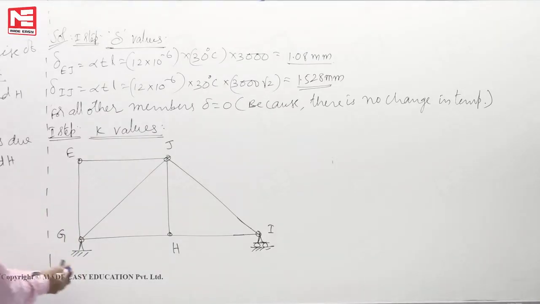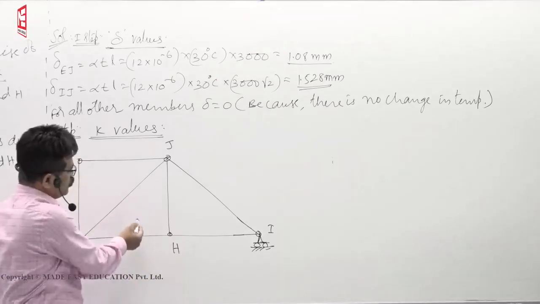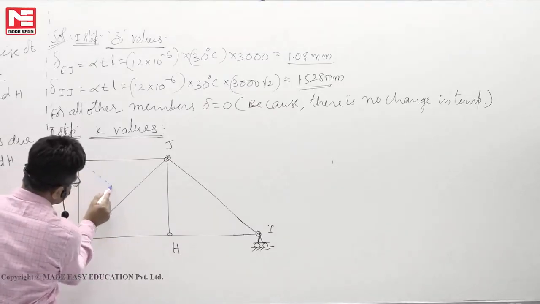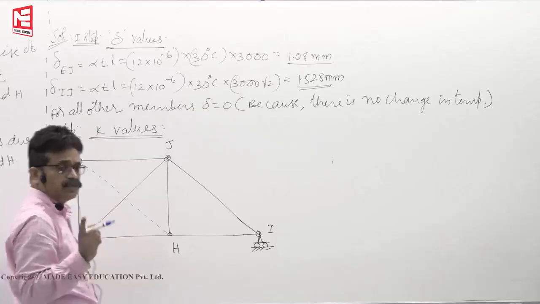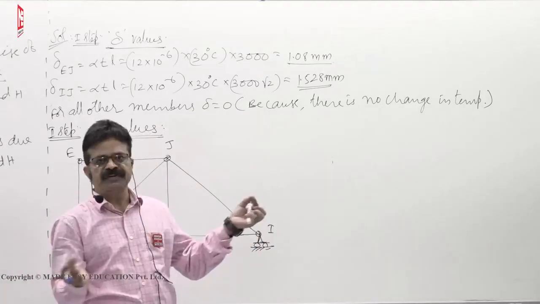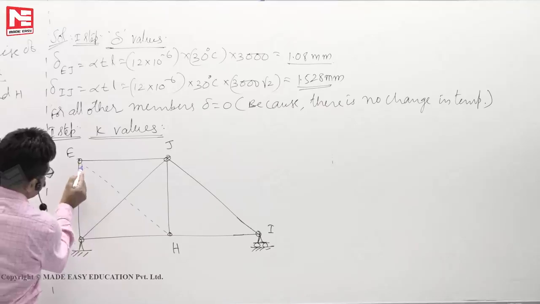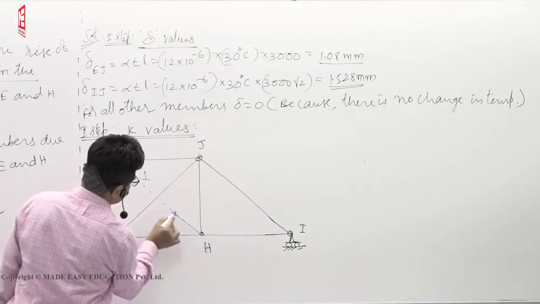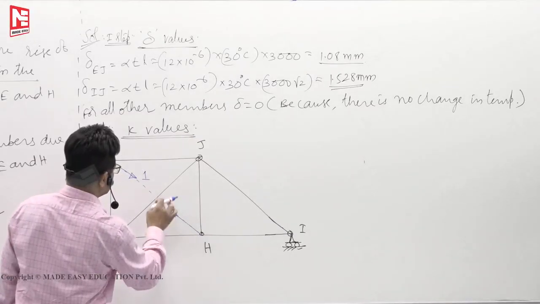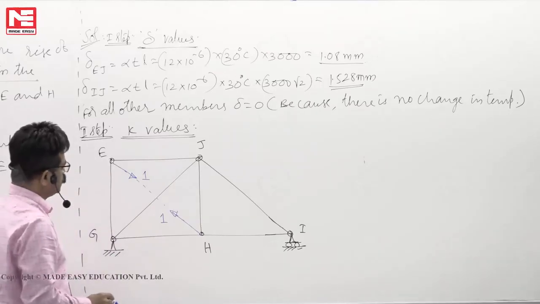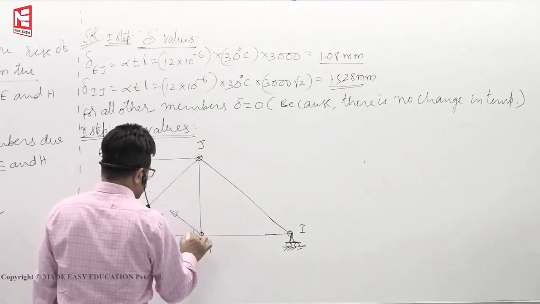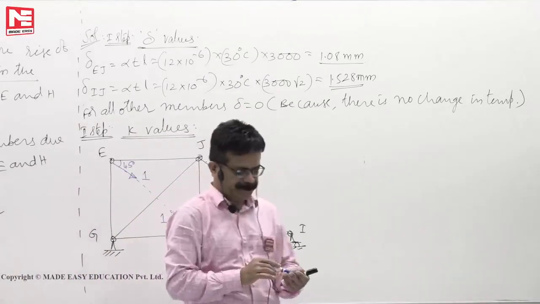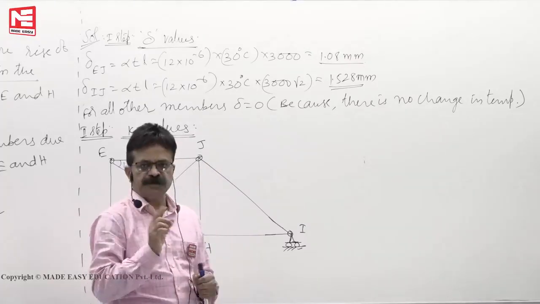Now, you should not apply only one unit load, you should apply two unit loads in the direction of E and H. Those two unit loads can be either towards each other or away from each other. So let us assume that both the joints are moving towards each other. 1 and 1. Okay, two unit loads we have applied. Now the angle of inclination also we know, 45 degrees.